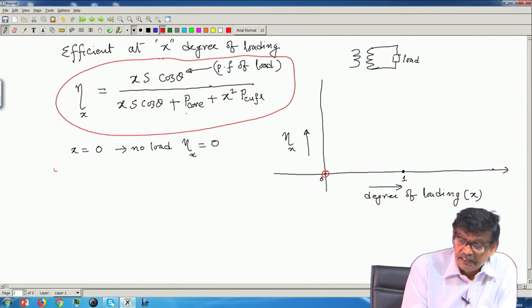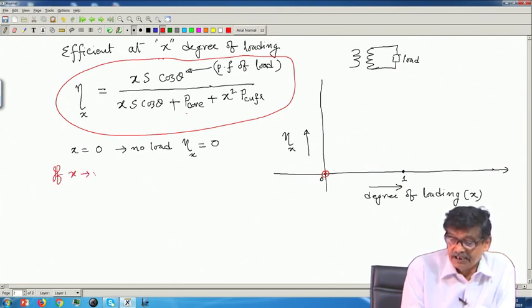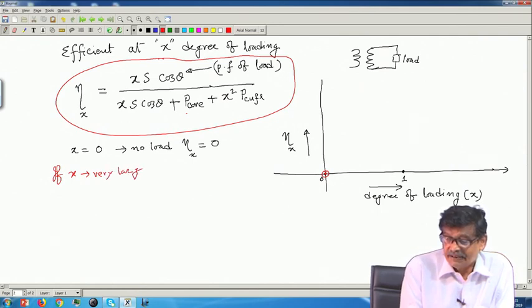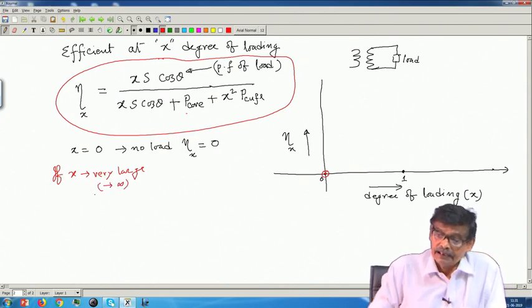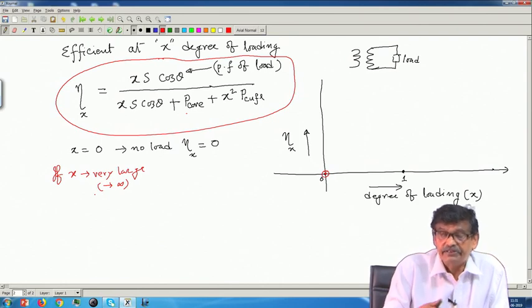If x tends to very large, on pen and paper, let me call it going to infinity, then what will happen to this efficiency term?